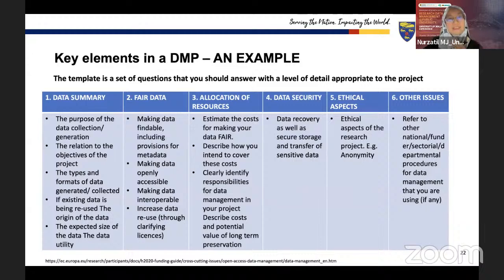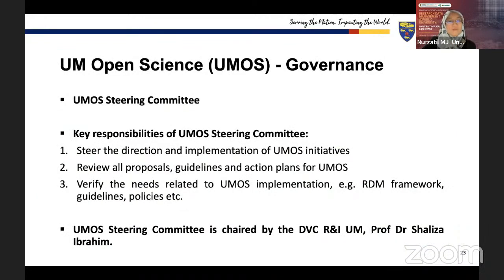Okay, I think that's the last slide for the DMP. So I'm moving on a bit to the UM Open Science governance. In UM, we have a UM Open Science Steering Committee, and I'm actually a member of it. Our responsibility is, as the name goes, steering.